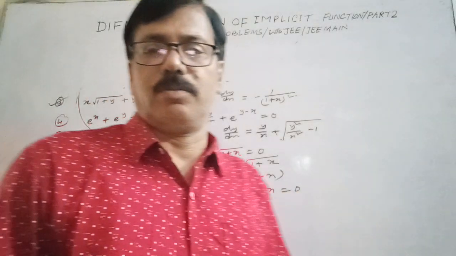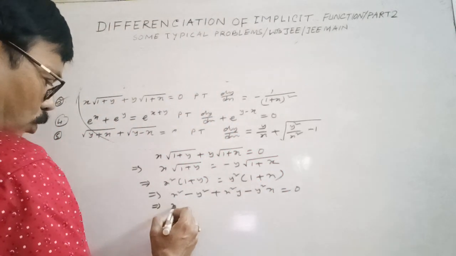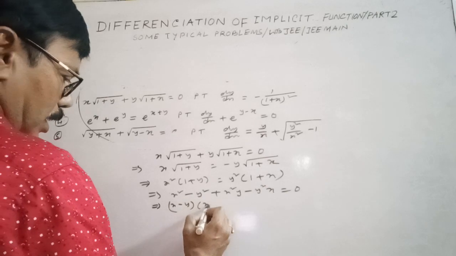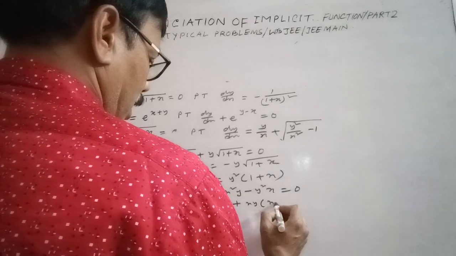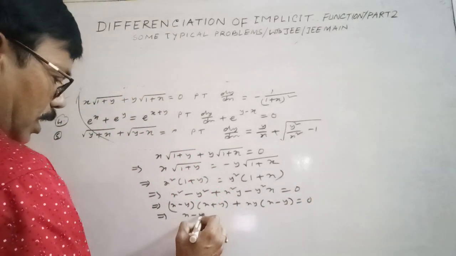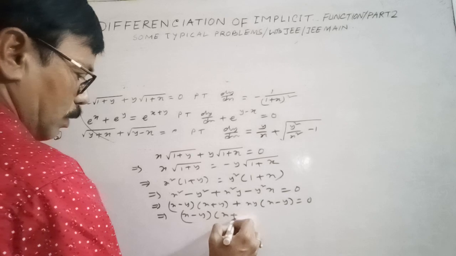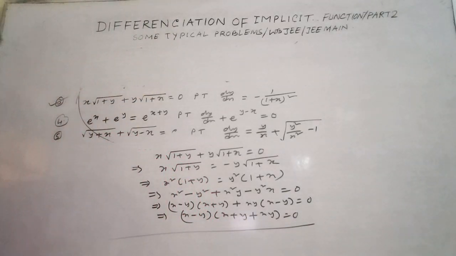So then try to factorize: x minus y, x plus y, plus xy into (x minus y). So finally we are getting (x minus y) into (x plus y plus xy) equals to 0.